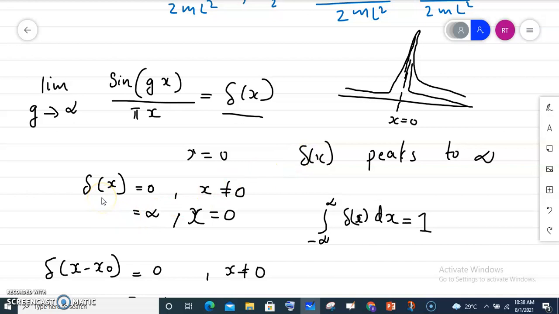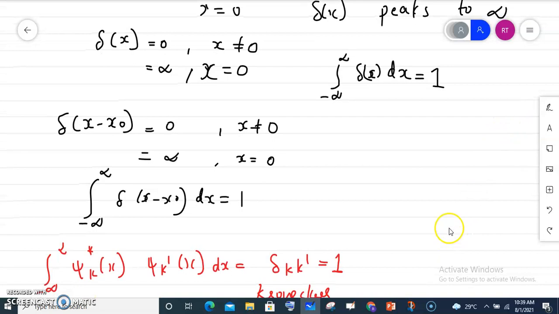So we can define delta of x as equal to 0 when x is not equal to 0, and equal to infinity when x is equal to 0. And the normalization can be given like this: integral from minus infinity to plus infinity of delta of x dx is equal to 1.